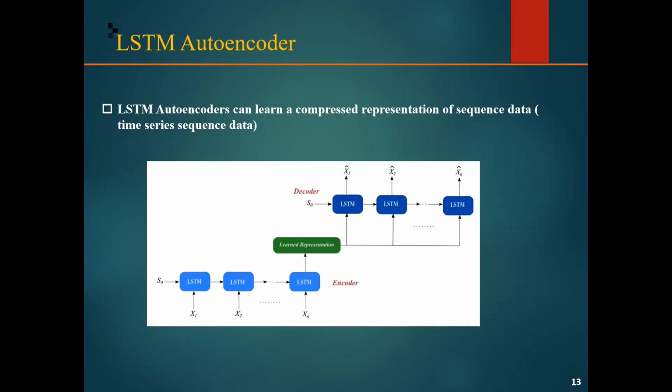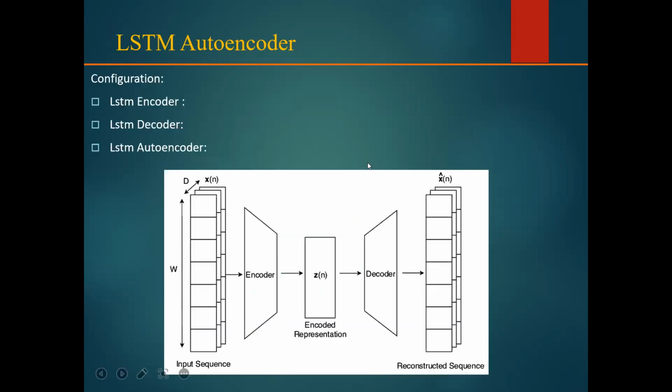The performance of the autoencoder is evaluated based on the model's ability to recreate these input sequences. So the LSTM here we use to try to learn the compressed representation of the sequence data.